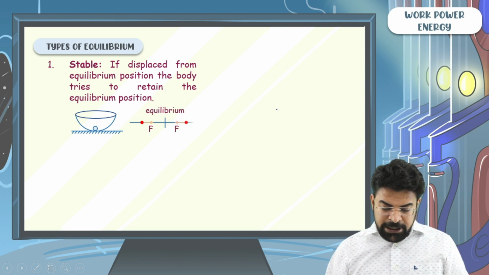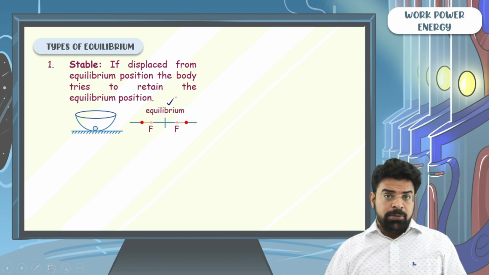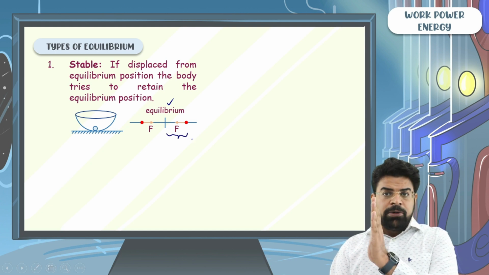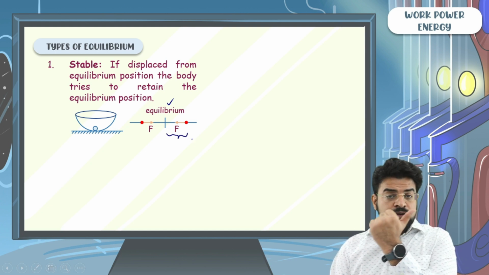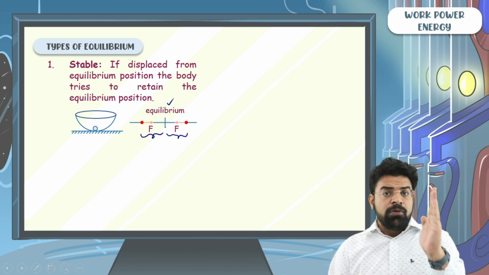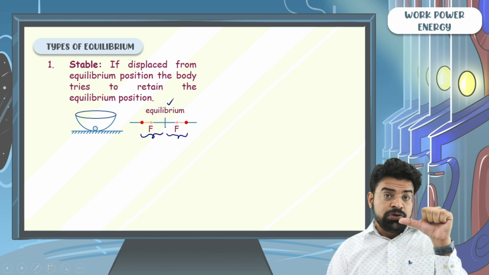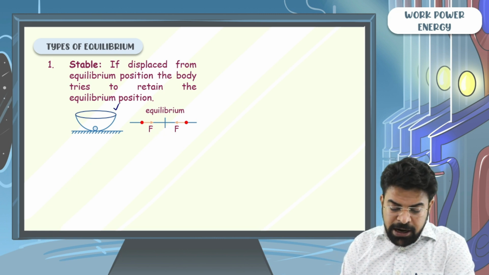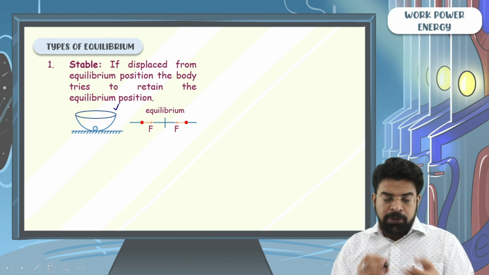So, we can say, if you have got stable equilibrium, then on displacing a particle to the right of equilibrium, it experiences a force towards left. And when you displace the particle to the left of equilibrium, it experiences a force towards right. And this is easy to remember keeping in mind this bowl and pebble example.